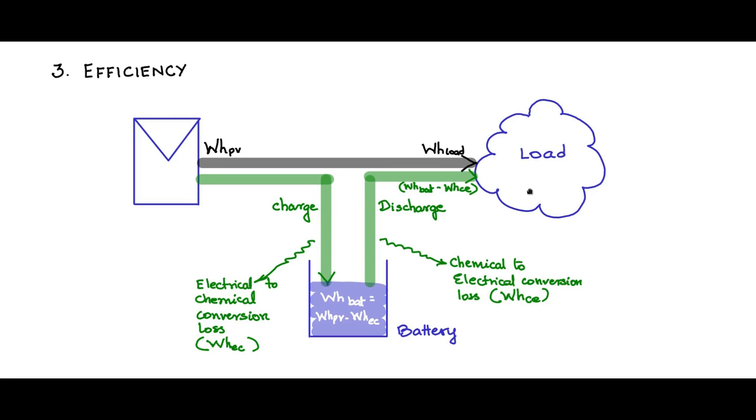So what the load will get would be lesser than WHPV, and that in effect leads to our definition of efficiency, and it is in terms of energy efficiency, in terms of the watt hours. So watt hours given to the load divided by the watt hours generated from the PV source or any source.